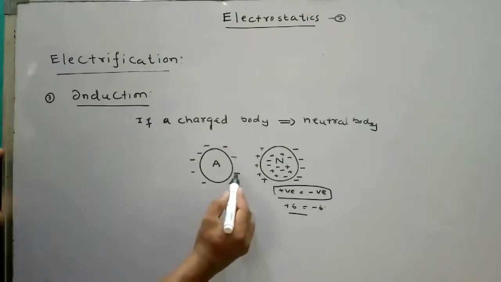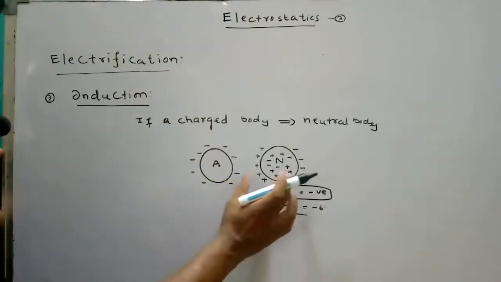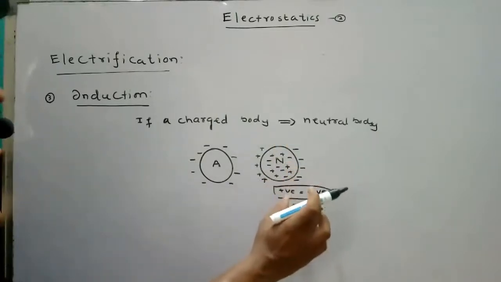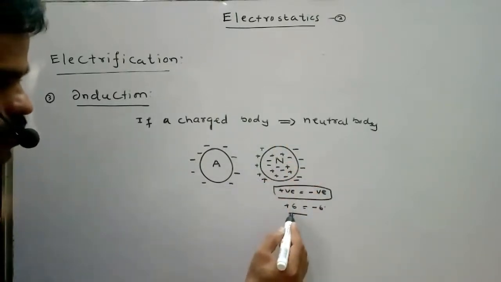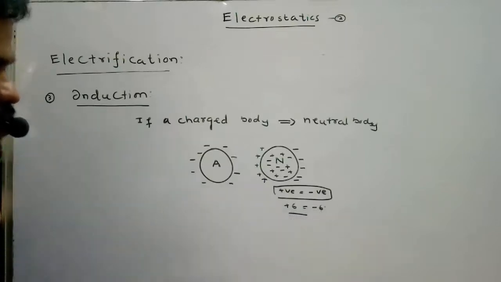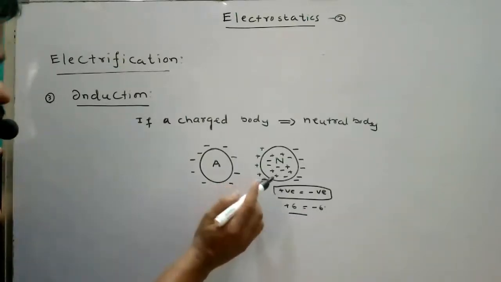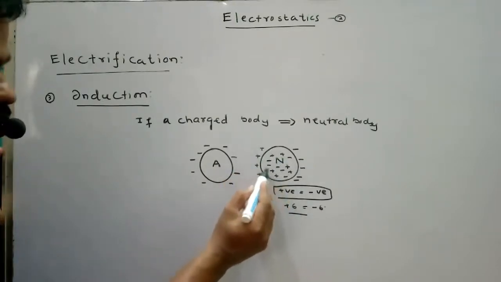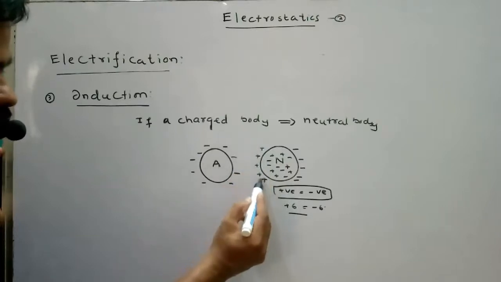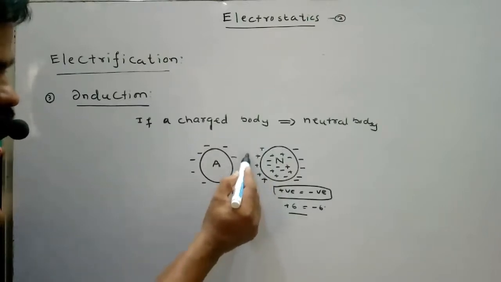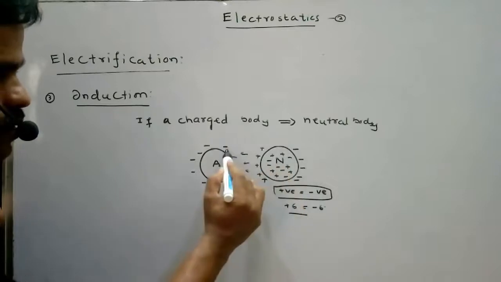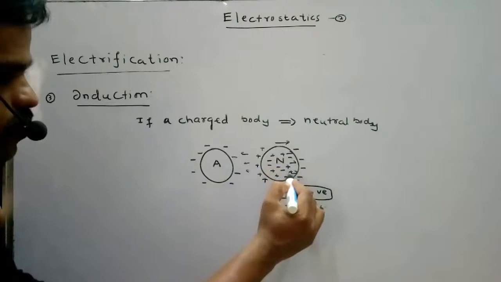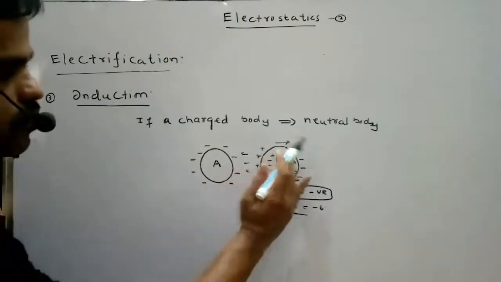The charged body attracts opposite charges in the neutral body. Positive charges come to this side, near the charged body, and similar charges go to the farther end. This is the nearer end, and this is the farther end.